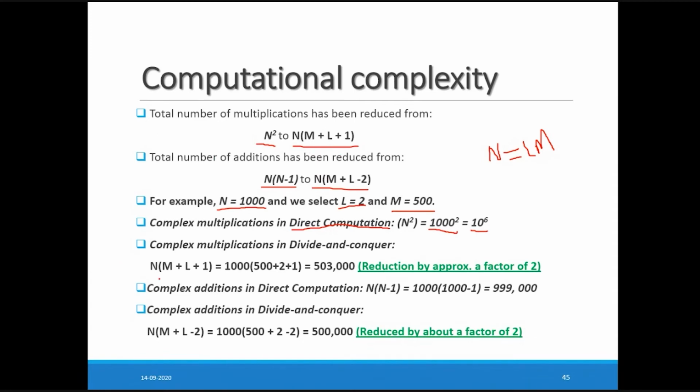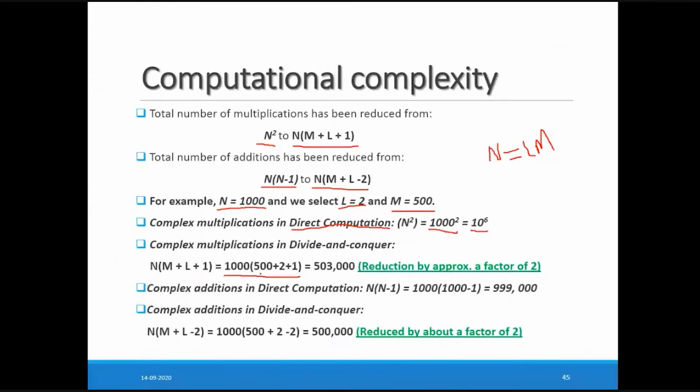Now the multiplications you require in the divide and conquer approach. We are taking this notation n into m plus l plus 1. That is 1000 in bracket 500 plus 2 plus 1, as L is 2 and M is 500.